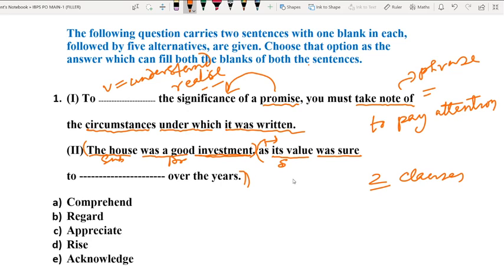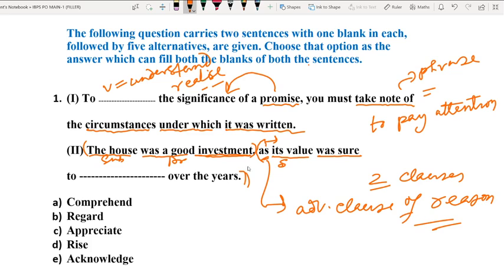Let me tell you one thing. Whenever we start a clause with "as", it is otherwise known as an adverb clause. And here, this clause functions as an adverb clause of reason. That means this clause provides a reason for the action done in the main clause.